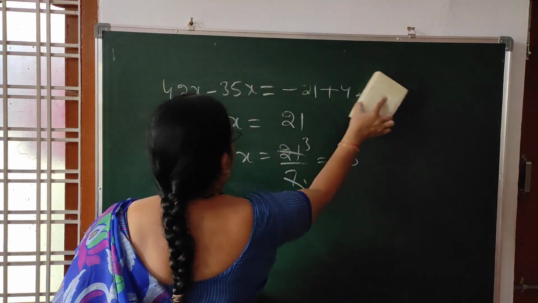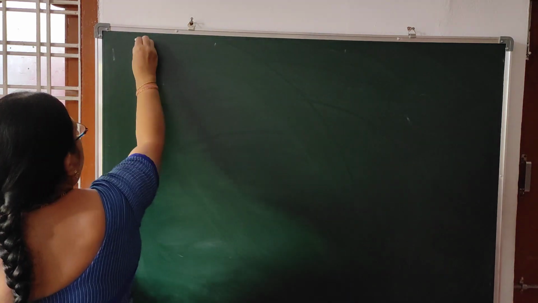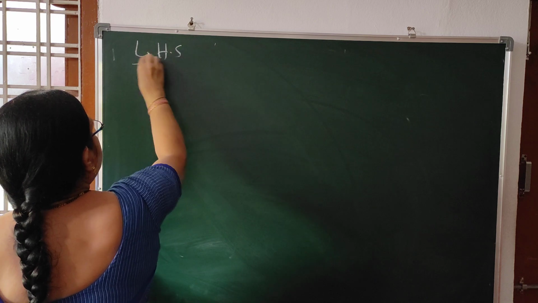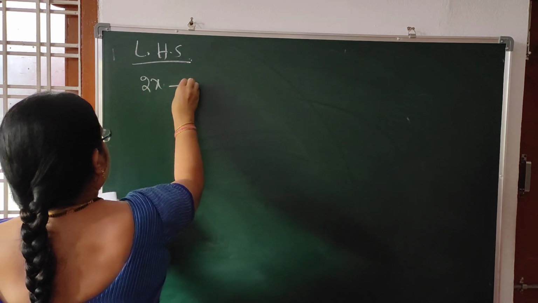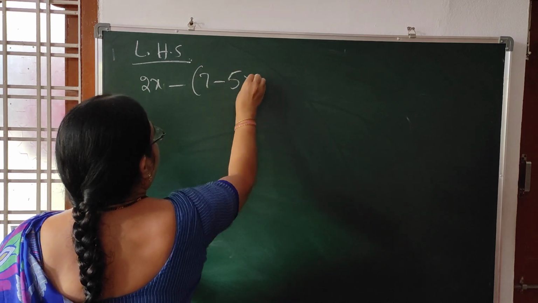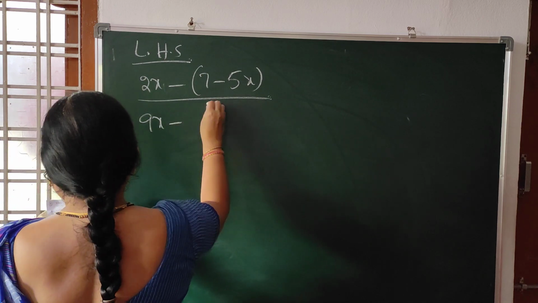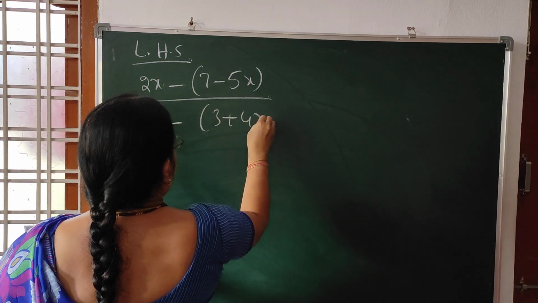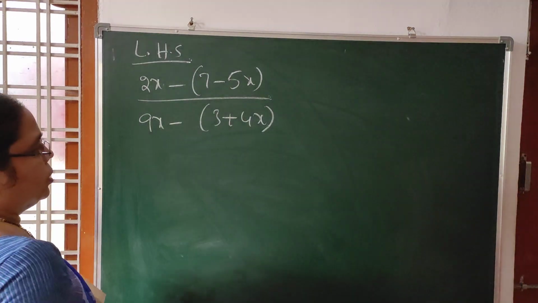Now let me go to verification. In the LHS, what is given? Only in the LHS you have the variable x, so we will substitute only in the LHS. 2x minus 7 minus 5x by 9x minus 3 plus 4x. x is equal to 3, we got.